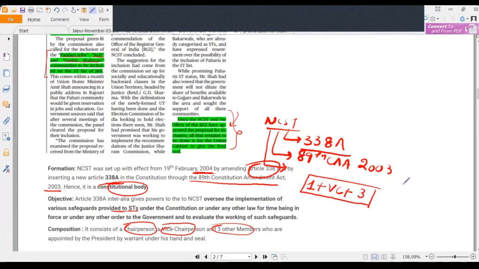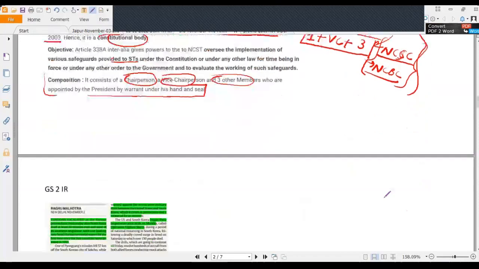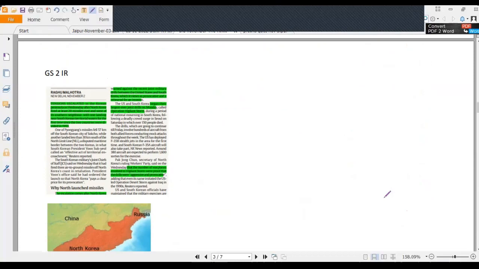In fact, the same composition holds true for NCSC, that is National Commission of Scheduled Caste, and NCBC as well, National Commission of Backward Classes. These two are also constitutional bodies, and they are appointed by the President by warrant under his hand and seal. So just keep these facts in mind from prelims point of view.